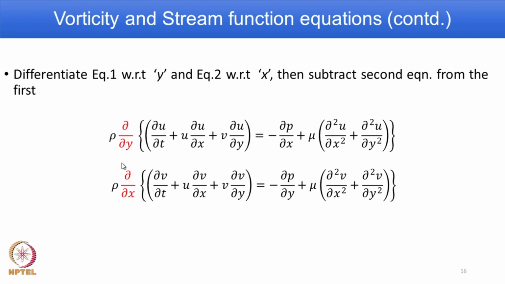Mathematically it is given here. The first equation in this bracket, the x momentum equation, is differentiated with respect to y. Similarly, the second momentum equation is differentiated with respect to x. Whatever you obtain, subtract one from the other.